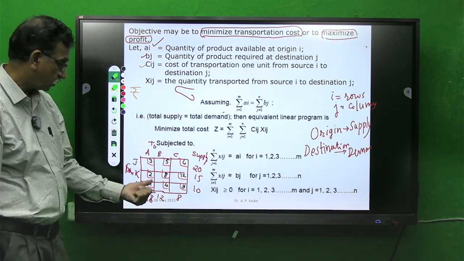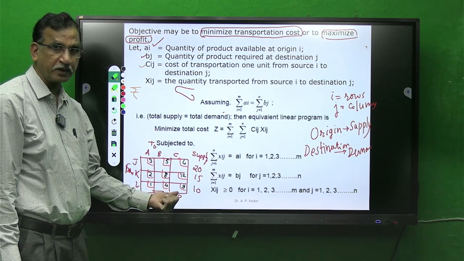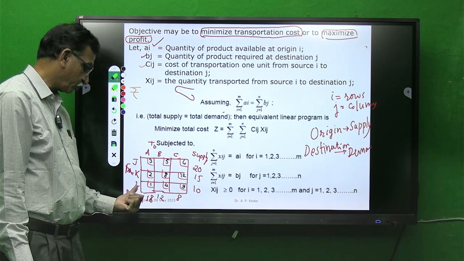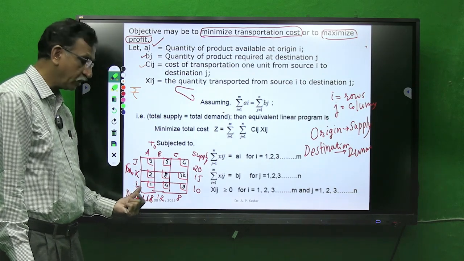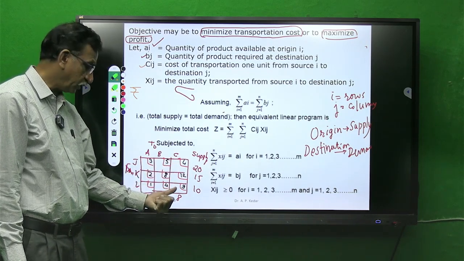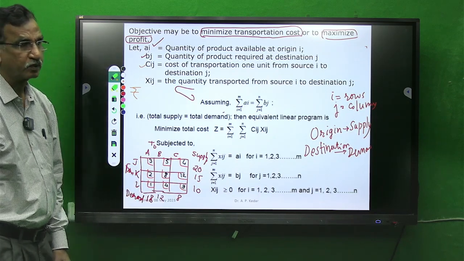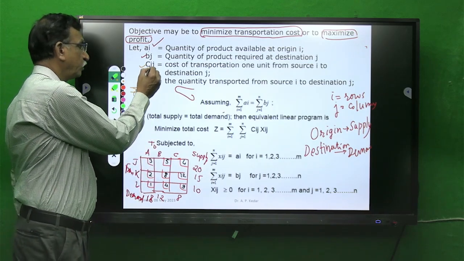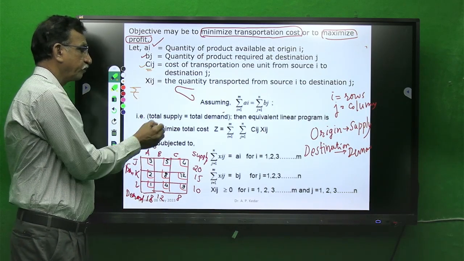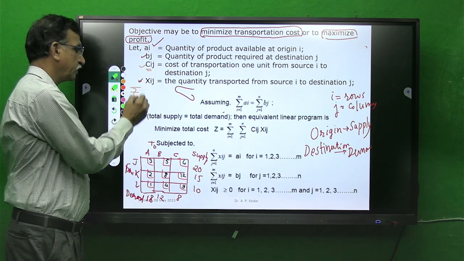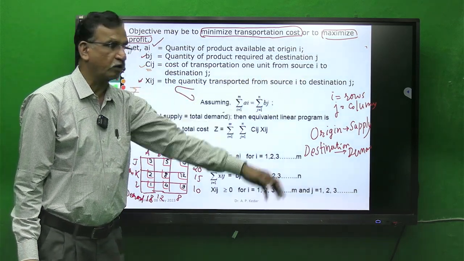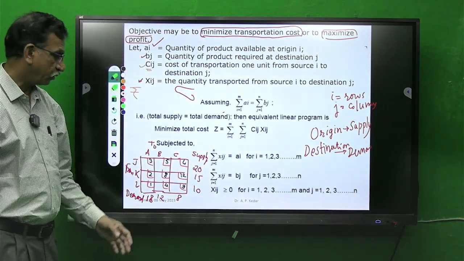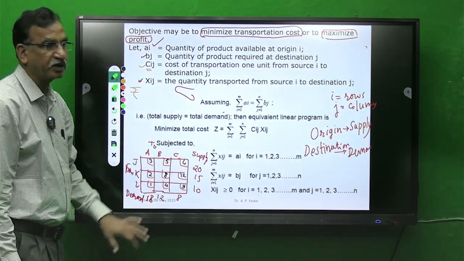For 9, I will explain it as transporting 1 unit of product from source L to city C needs 9 rupees, if it is in units of rupees. That is the meaning of how to interpret c_ij. Now we will see x_ij. The quantity transported from source to destination. Now this thing will be given to us.